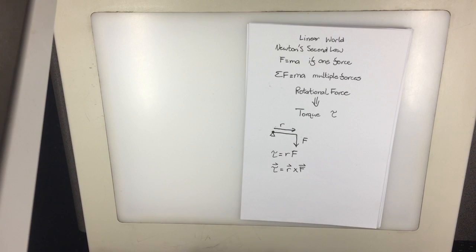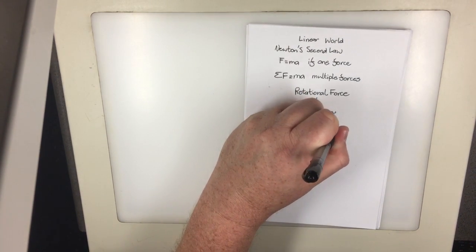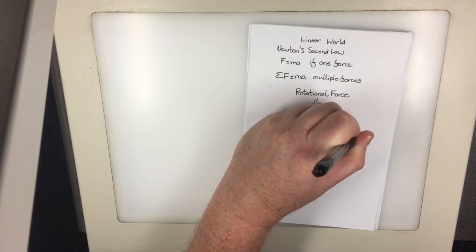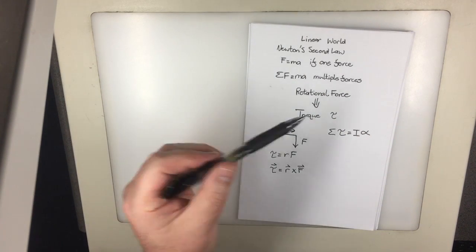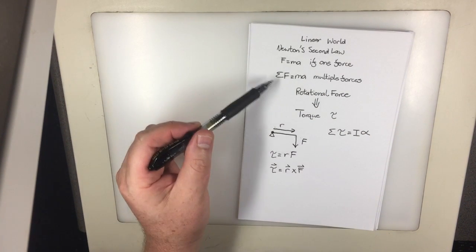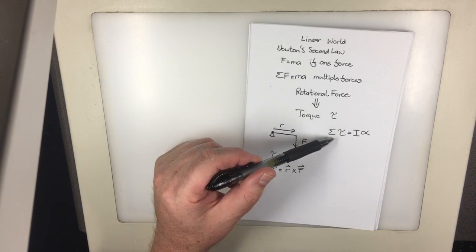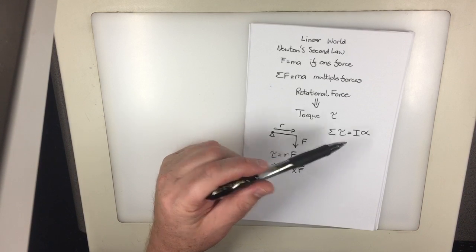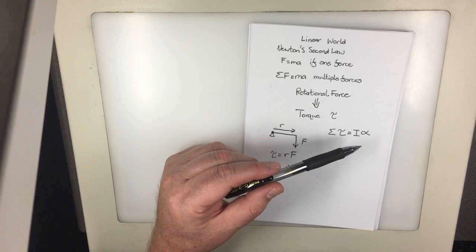The other way that torque is expressed is that the sum of the torques is equal to I alpha. This is the rotational version of Newton's second law. Instead of the sum of the forces, you have the sum of the torques. Instead of mass, you have rotational mass, moment of inertia. Instead of acceleration, you have angular acceleration.